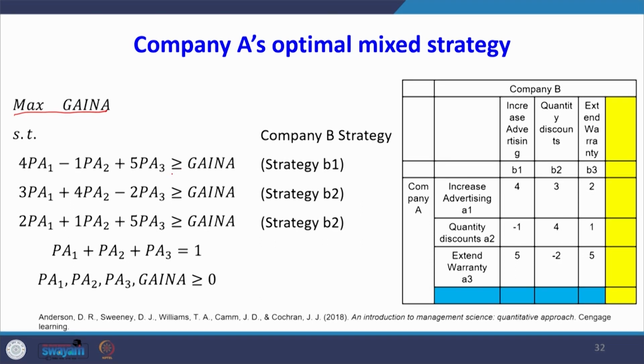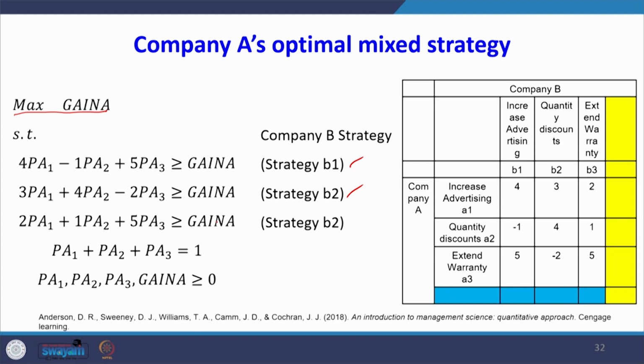So, that is why it is greater than or equal to. If the company goes for strategy B1, A will try to maximize the minimum gain. If B goes for B2, the company A will try to maximize the minimum gain.